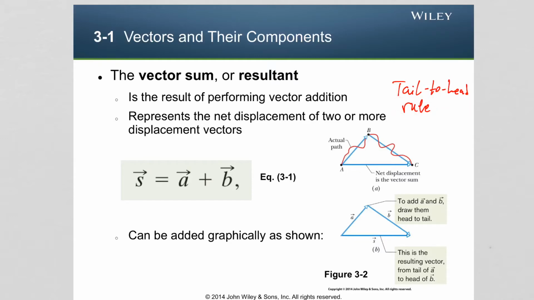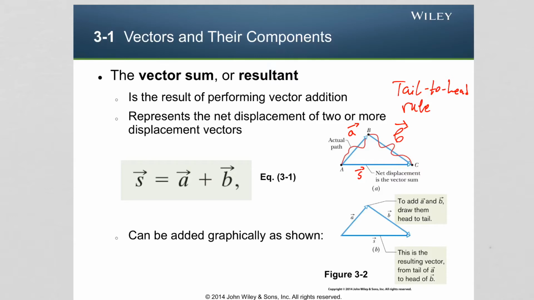So the tail to head rule states that when the vector sum is performed, we take the tail of the second vector in the sum, B. So let's label this as B and this as A. Therefore, this will be the resultant vector S. So we take the tail of B and place it at the head of A, and then the resultant vector starts from A and ends at the head of B.